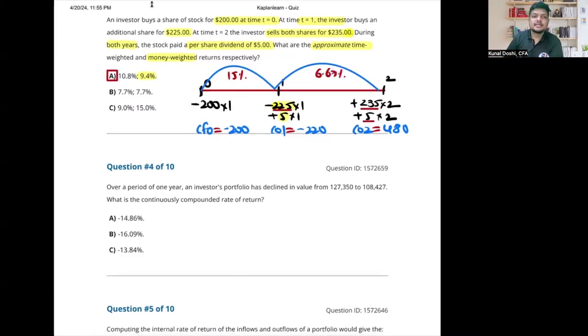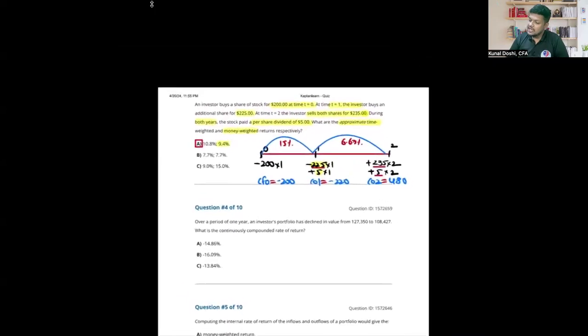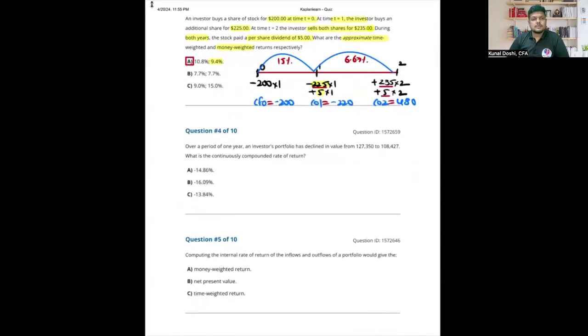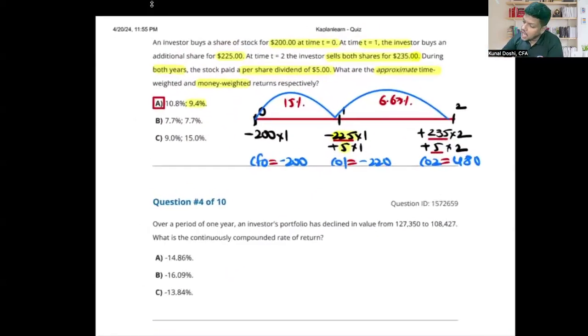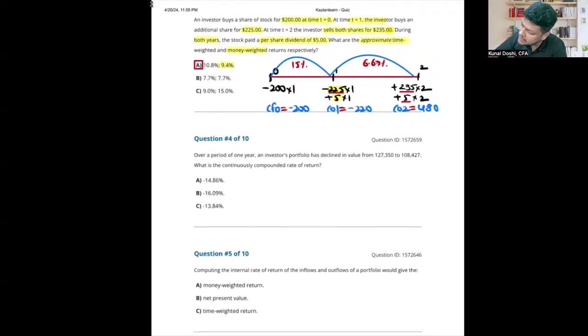Are you getting this, everyone? That's your 2-period HPR. Yes, 6.67% for the second period. Now you need to compound both the returns. How do I do that? Same as annualized return, geometric mean.